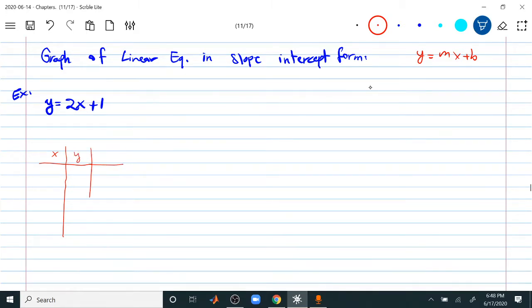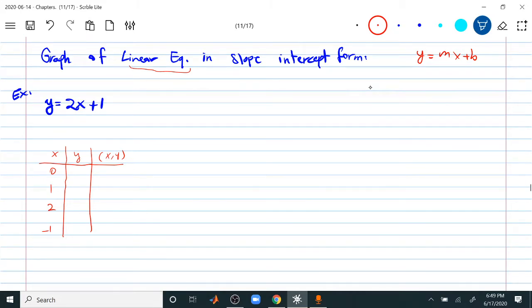This is always possible. And find all the points, x and y. This is not difficult, so let's try 0, 1, 2. You can go negative if you want, -1. But since I know the result is a line because it's a linear equation, 2 points are just enough. If I know 2 points, then I know how to draw a line passing through those 2 points.